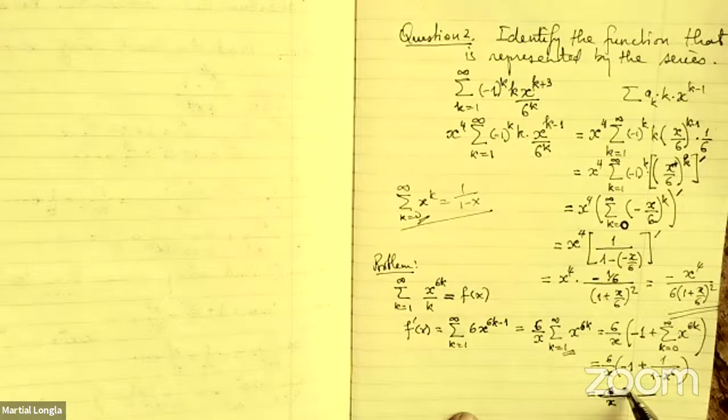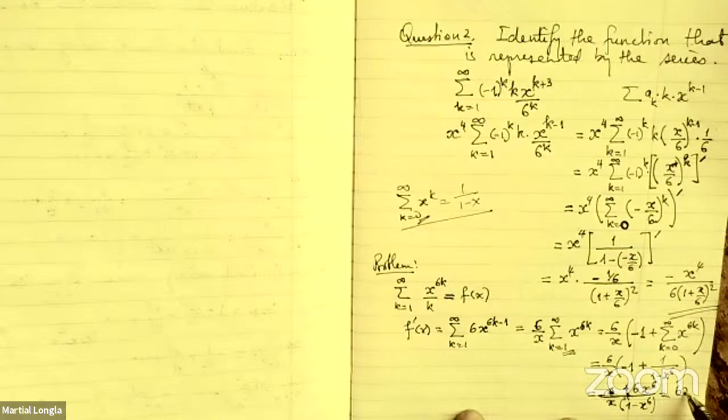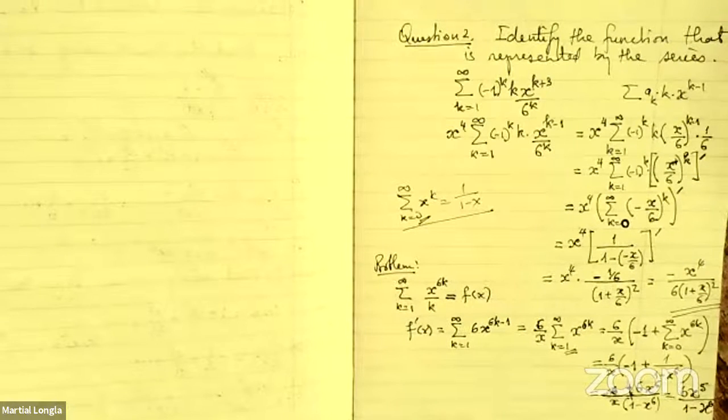So that's minus times the minus, that's a plus. 6 times x to the 6 over x times 1 minus x to the 6, which is 6x to the power 5 divided by 1 minus x to the power 6.